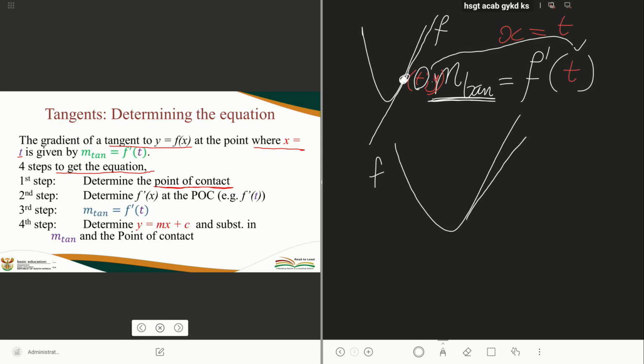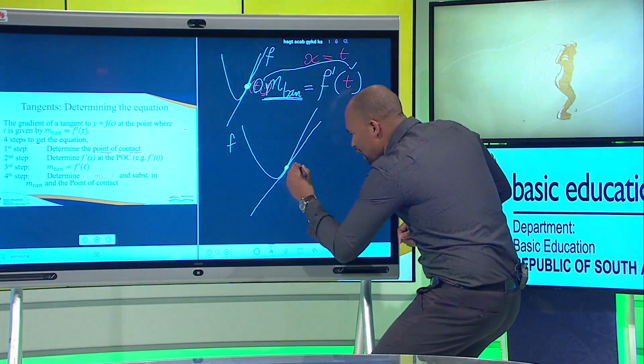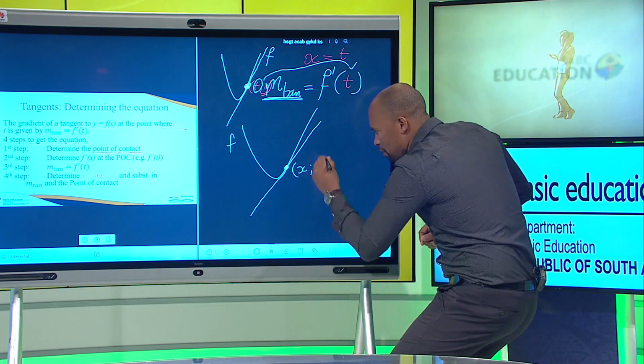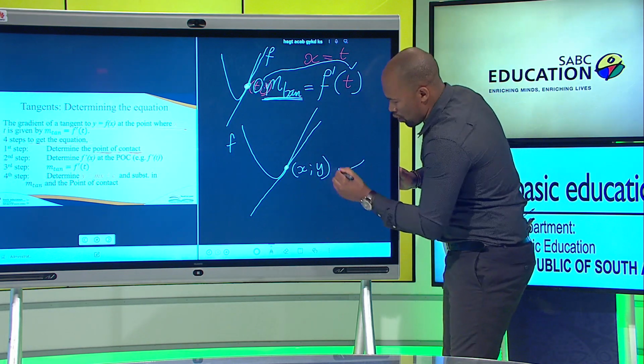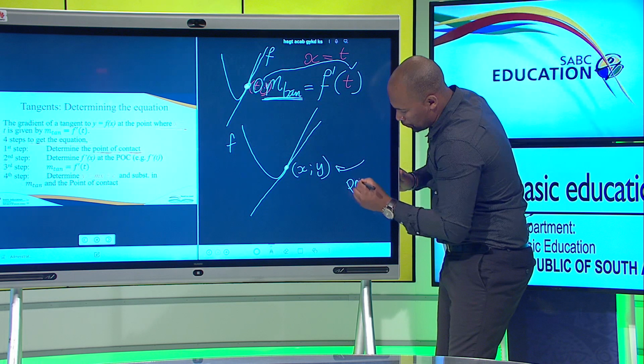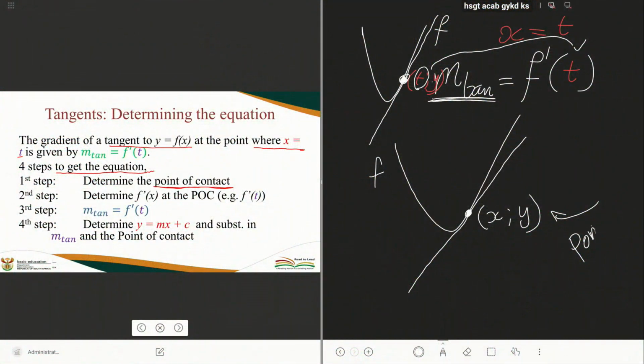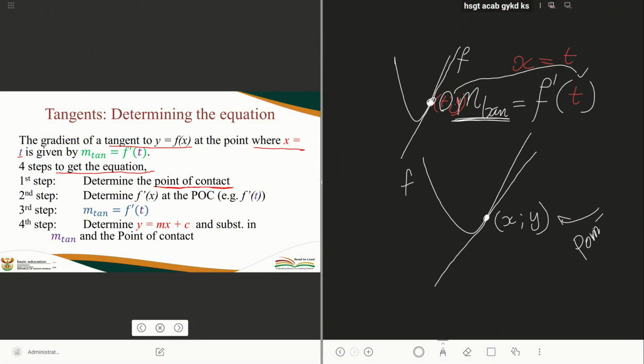Here is my tangent. Let's say it touches there. So from step 1, determine the x value together with the y value. That's what we call our point of contact.